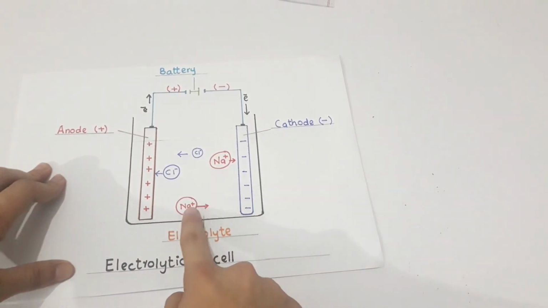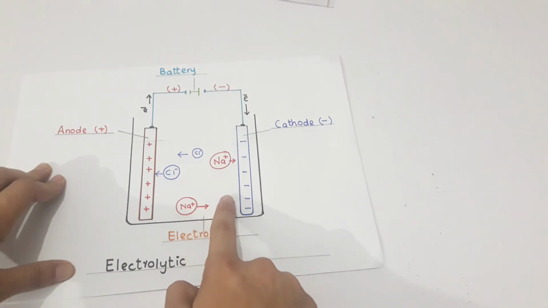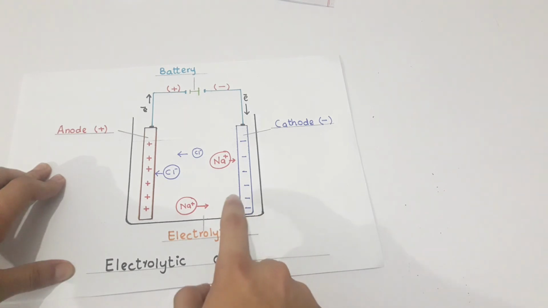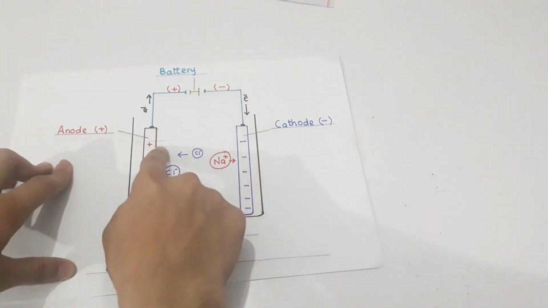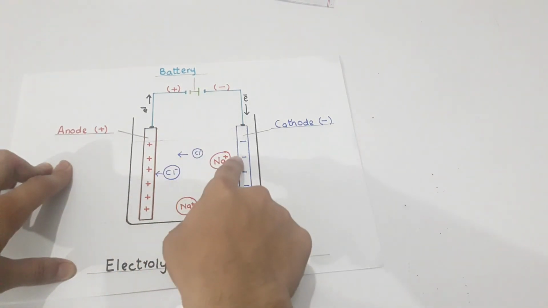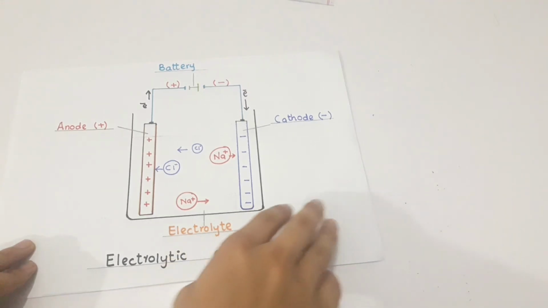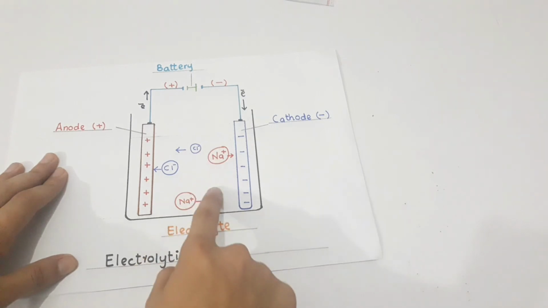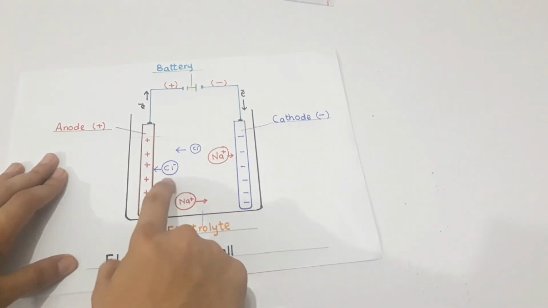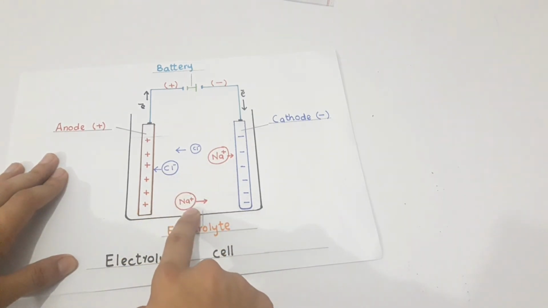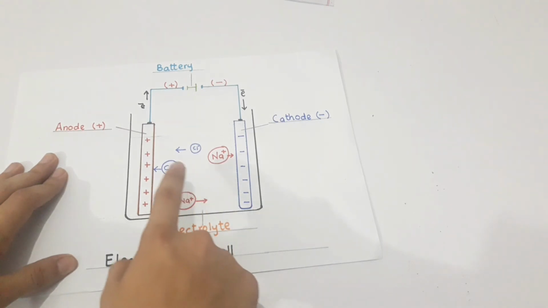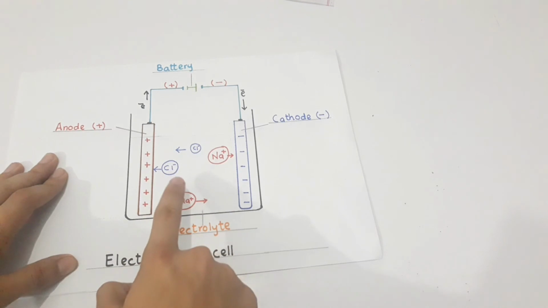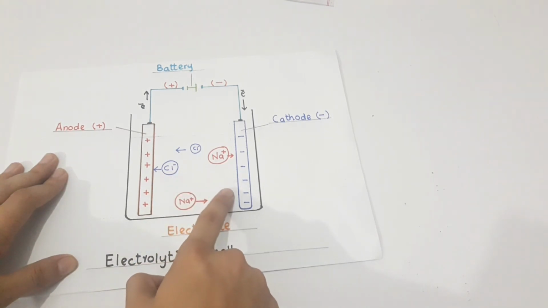We will use NaCl, sodium chloride, in a molten form to understand what will happen in it. We use a battery to pull the electrons and push them to the other one. When we pass electricity through molten NaCl, it changes to negative chloride ions and positive sodium ions.